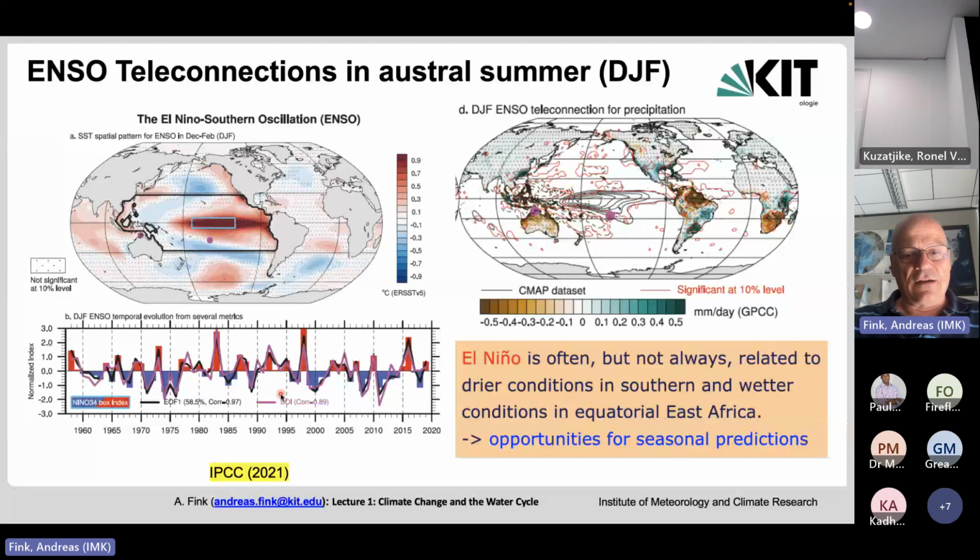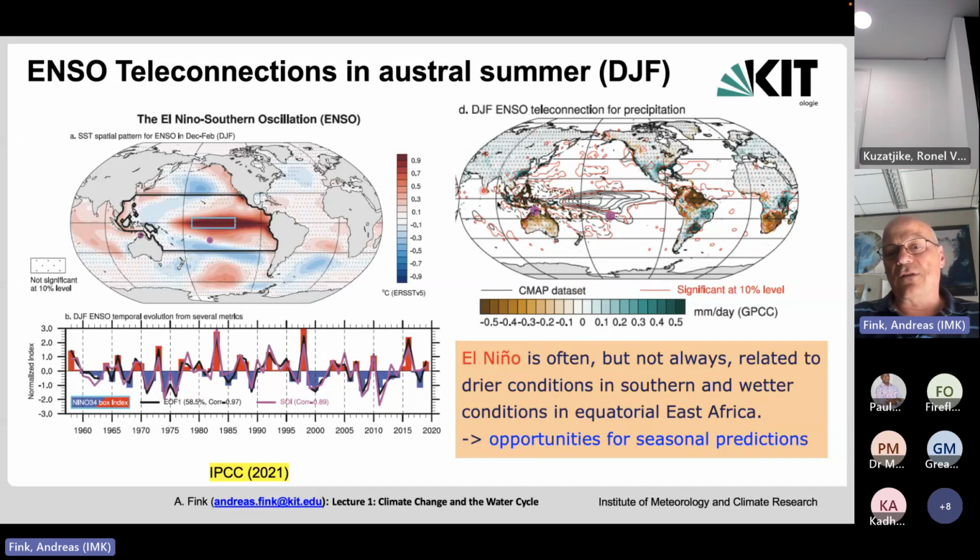And you see here the time series of such an index. You see Nino 3.4, this is this box here. And we had very strong El Ninos here in 82, 83, 96, 97, and in 2015, 16. And now, of course, there is another strong El Nino forecasted for next summer in your hemisphere.